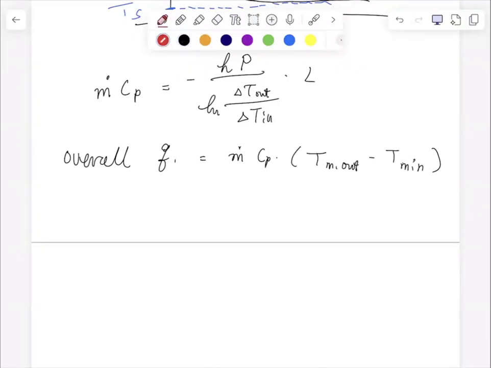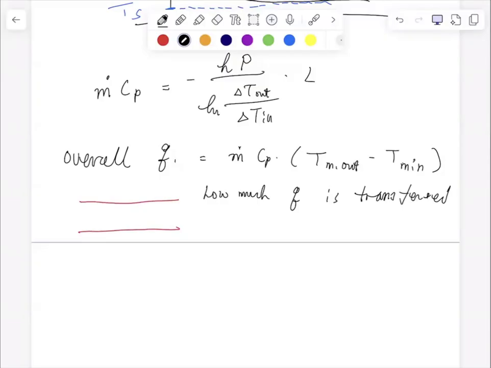So basically, if you have a pipe, how much Q is transferred on the entire pipe, all right?